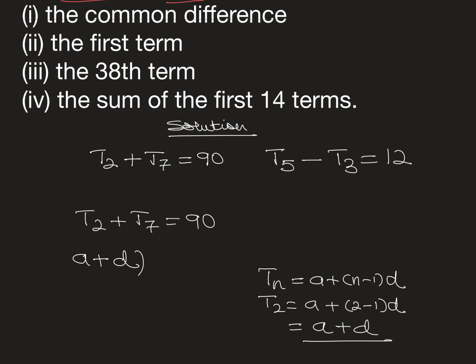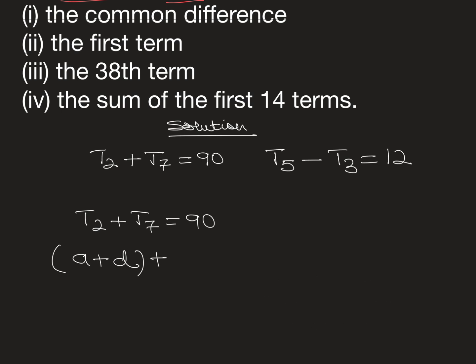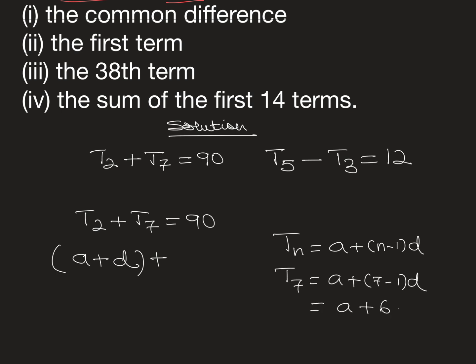That is for T2, plus what is going to be for T7. For T7, if I use T sub n is equal to A plus n minus 1 times the difference, T7 will be A plus 7 minus 1 times the difference. So that will be A plus 6D.